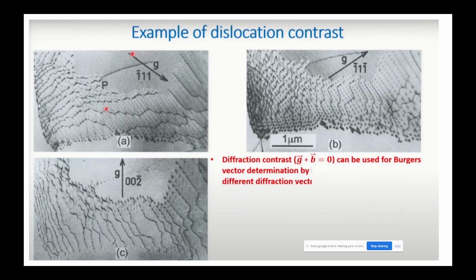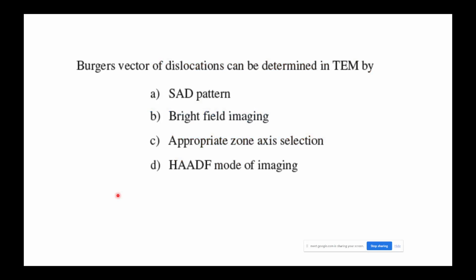Suppose this is the direction 1 bar 1 1, so this is one axis, and they are defining in which direction your Burgers vector is. It is easy to define in which direction your zone axis is. So through the Burgers vector it is possible that your appropriate zone axis can be selected.